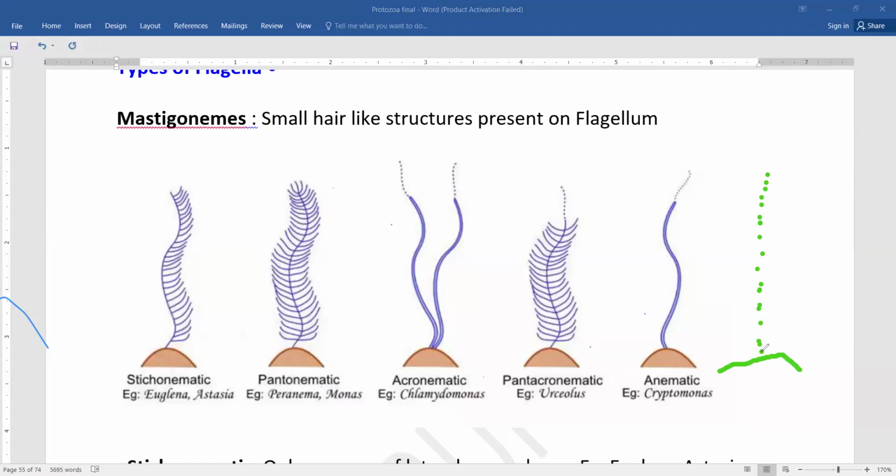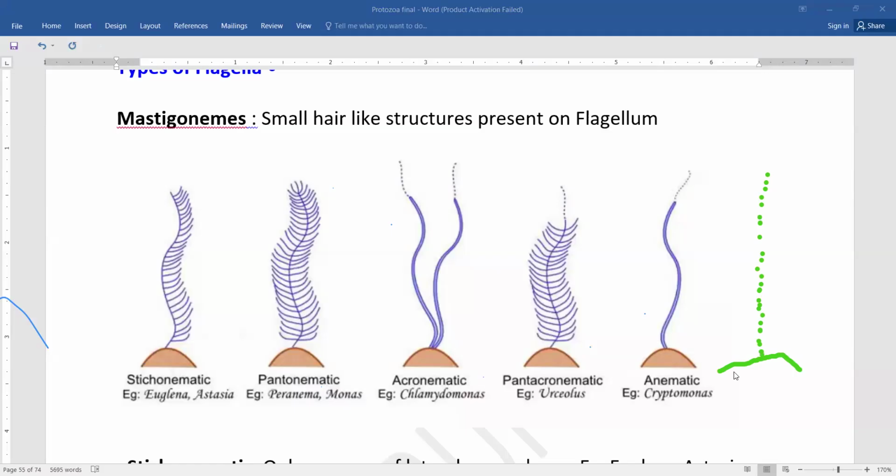So that is the anematic kind of flagellum. Examples: Cryptomonas for anematic, Astasia for pantacronematic, Chlamydomonas for acronematic, Paranema and Monas for pantonematic.